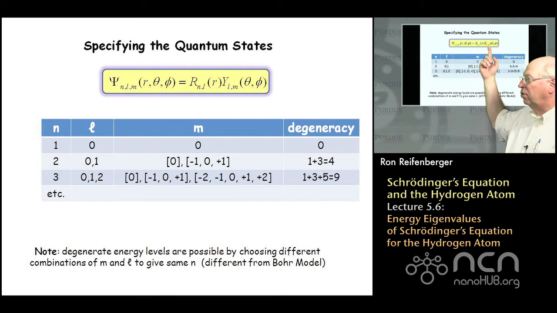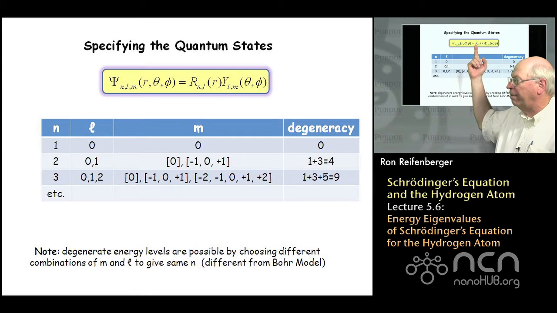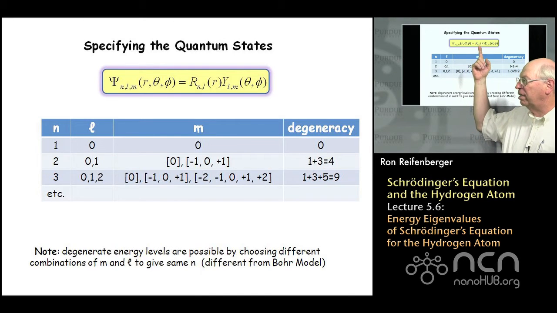These eigenfunctions are a product of the spherical harmonics, capital Y. There are two quantum numbers, L and M, that you have to specify in order to select the correct value of Y for a particular quantum state. The wave function in the theta and phi directions has to be multiplied by the wave function capital R in the radial direction. And to specify the radial wave function, you've got to know the quantum numbers N and L.